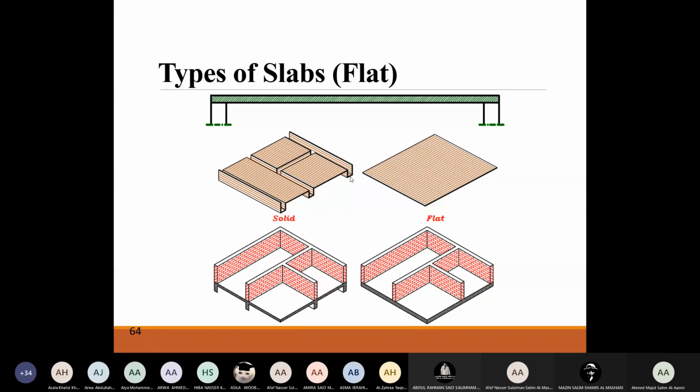Other than the ribbed slab, we have a flat slab. You can see here we have shown some differences between the solid slab and the flat slab. One main difference is shuttering or formwork. The shuttering is easier for the flat slab because we don't have inner beams. These are the positions of beams.